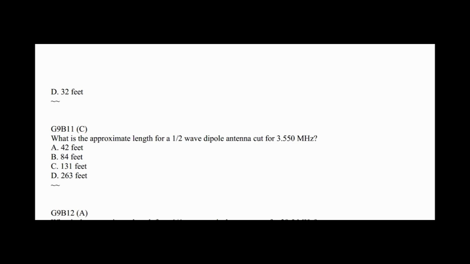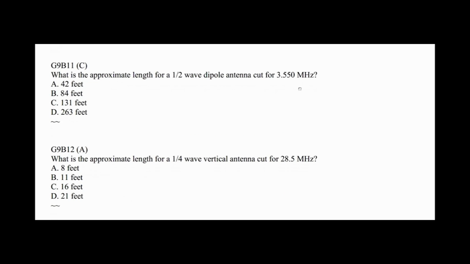So if 20 meters is 32 feet, roughly, 40 meters is roughly double that, so 64 feet. Double that to get to 80 meters, and that number comes out to 128. Depending on what you're putting up, 131 is a good answer too. It changes a bit depending on other factors.